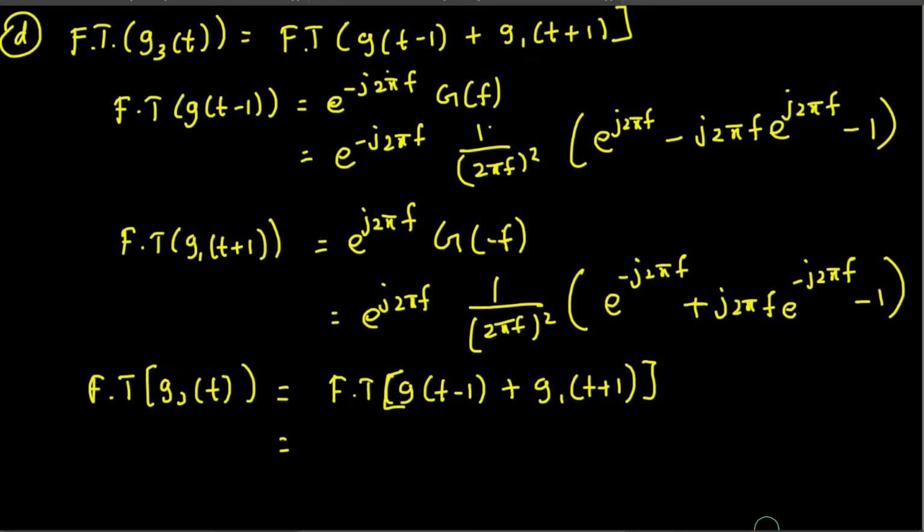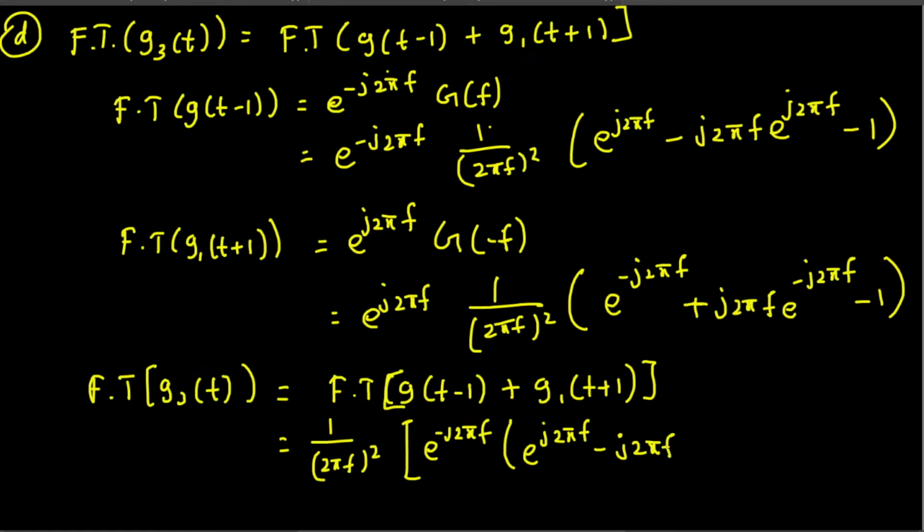So I'm going to erase this and rewrite it. 1 over 2 phi f square common, and for the first one we are going to have e power minus j 2 phi f multiplied by e power j 2 phi f minus j 2 phi f e power j 2 phi f minus 1.